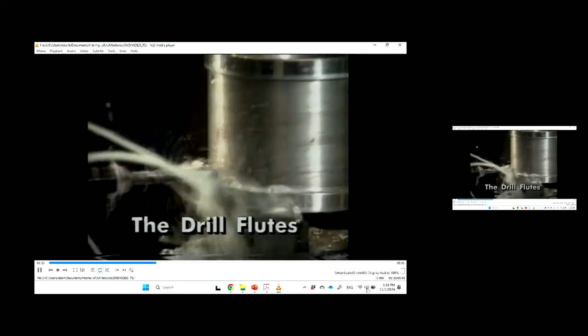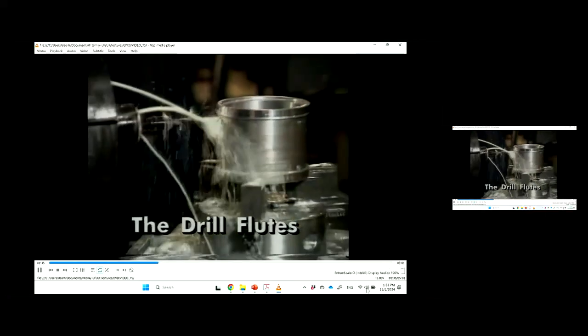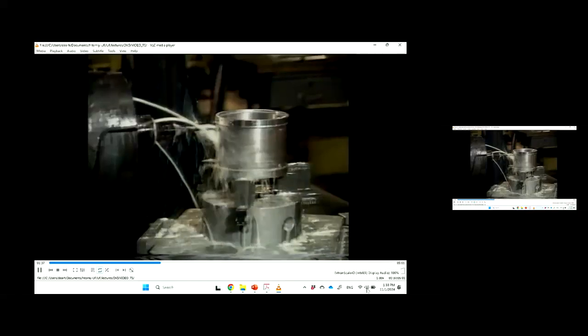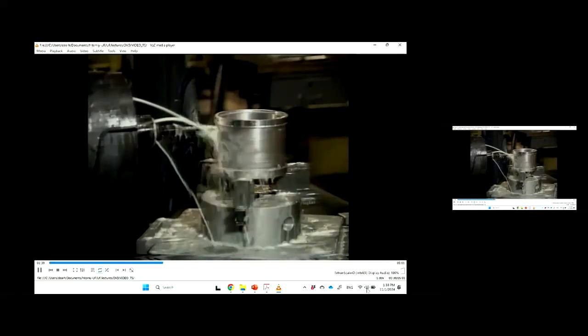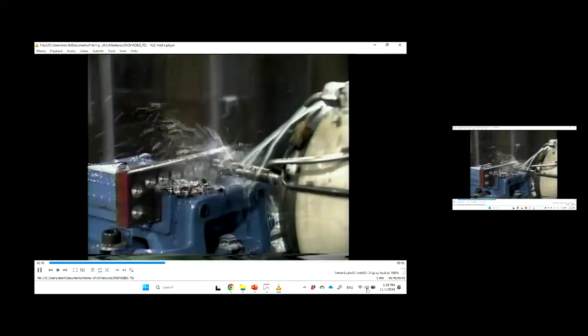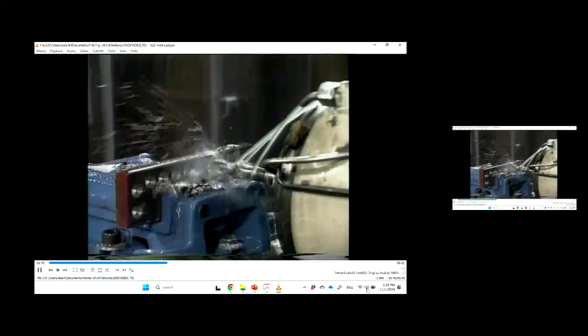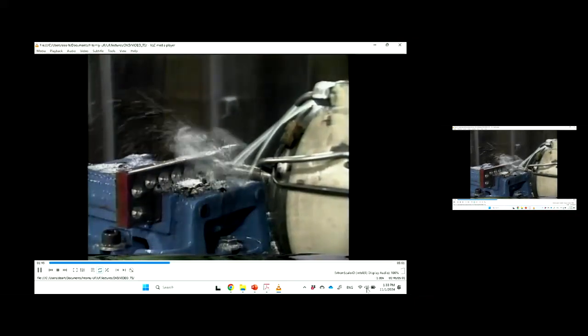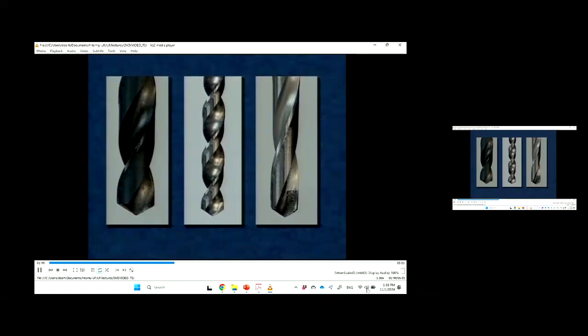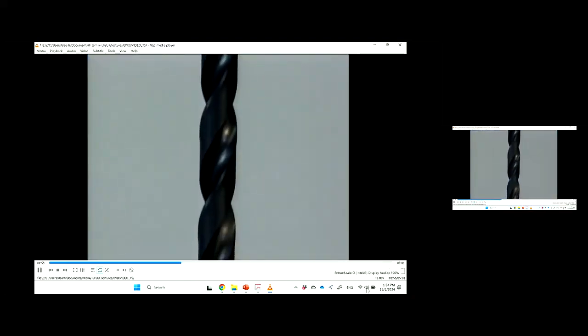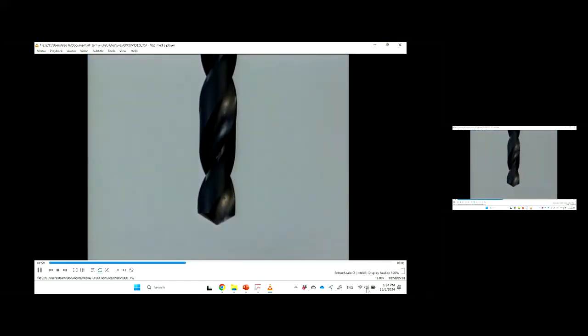Flutes let coolant into and carry chips out of the hole being produced. Both of these functions are essential for the drill point to continue cutting under the severe conditions of rotating at high speed in an enclosed space. The helix angle of a drill's flutes can vary dependent upon the material to be drilled. A standard helix angle of 25 to 33 degrees is optimal for steel and cast iron.